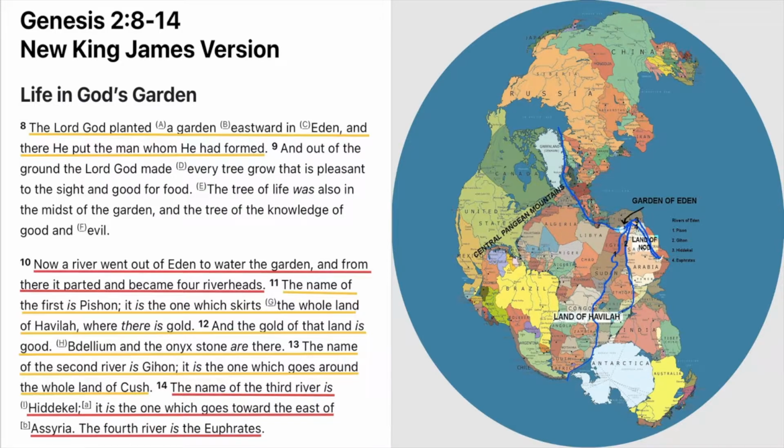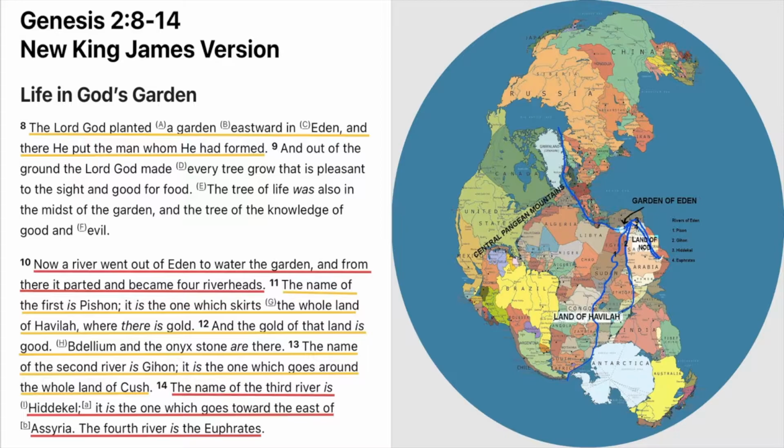It is the one which skirts the whole land of Havilah, where there is gold, and the gold of that land is good. Bdellium and oxenstone are there. The name of the second river is Gihon. It is the one which goes around the whole land of Cush. The name of the third river is Hiddekel. It is the one which goes towards the east of Assyria. The fourth river is the Euphrates."